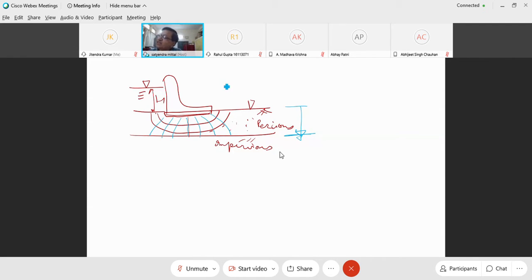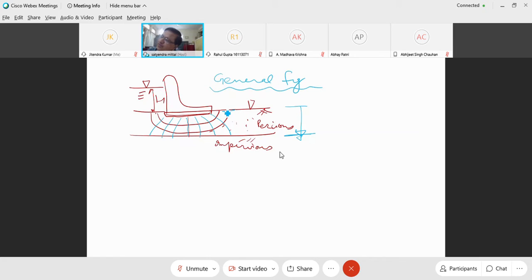Now friends, this is a very universal or say general figure. Now what happens, as you are seeing in this diagram, these are the flow lines which are ultimately hitting this surface.